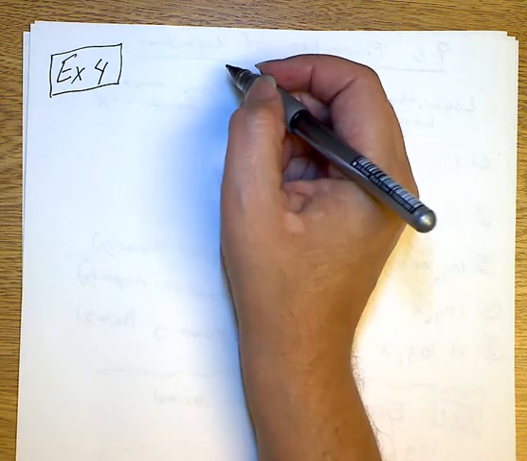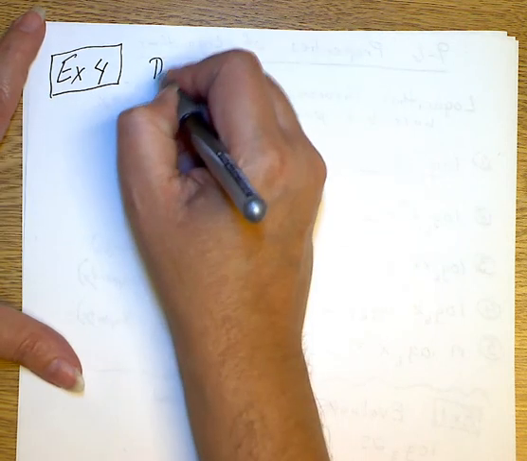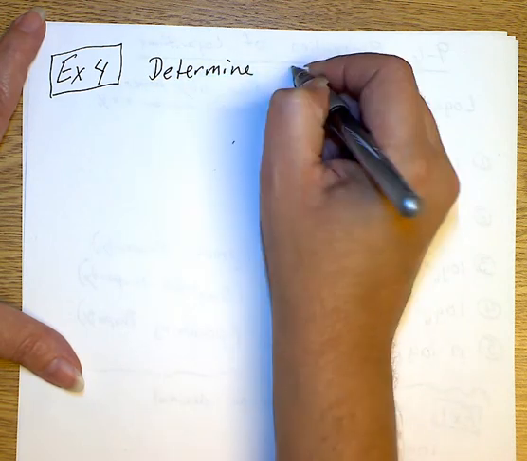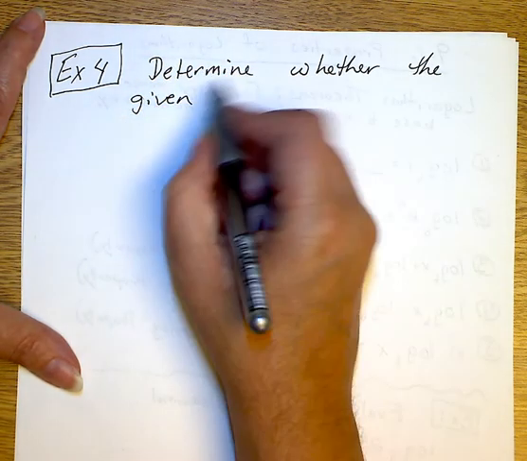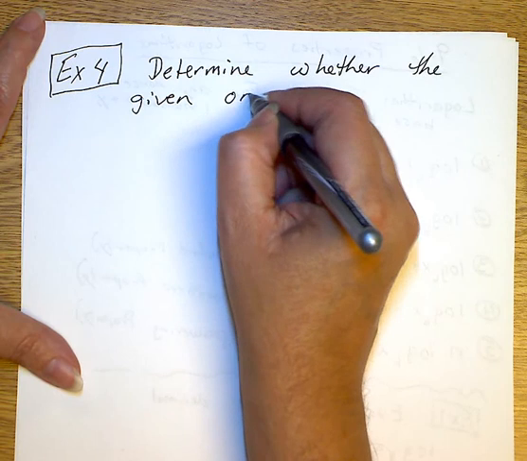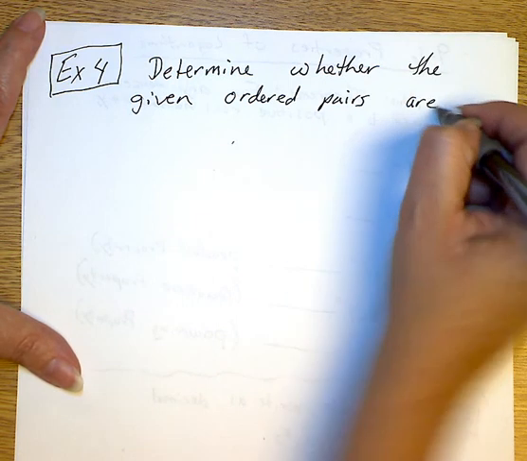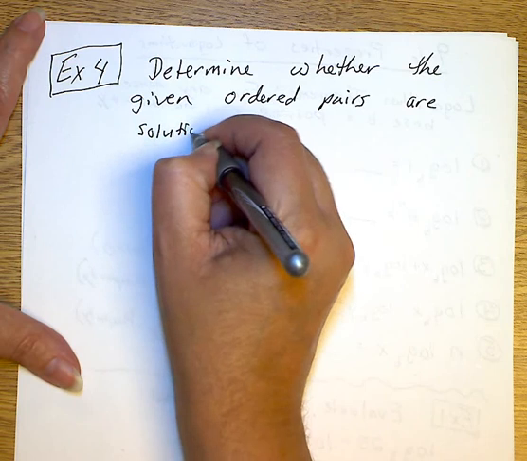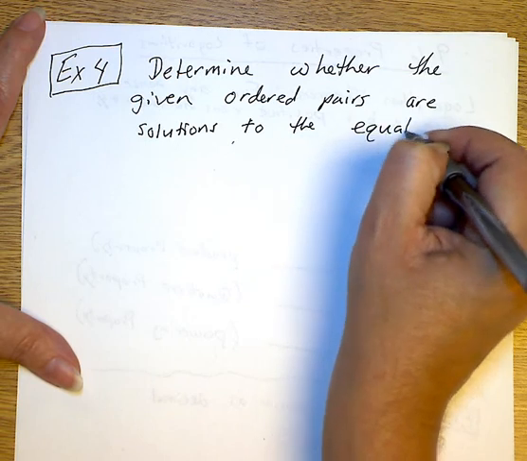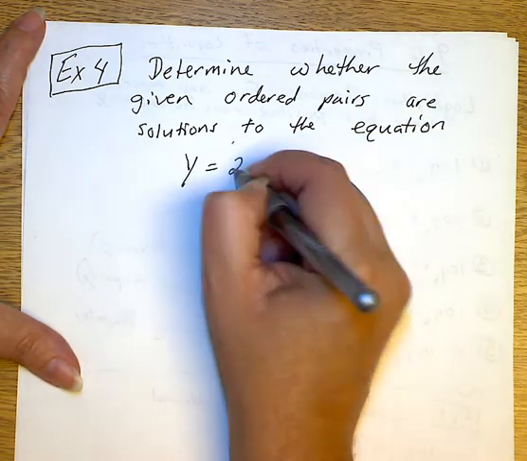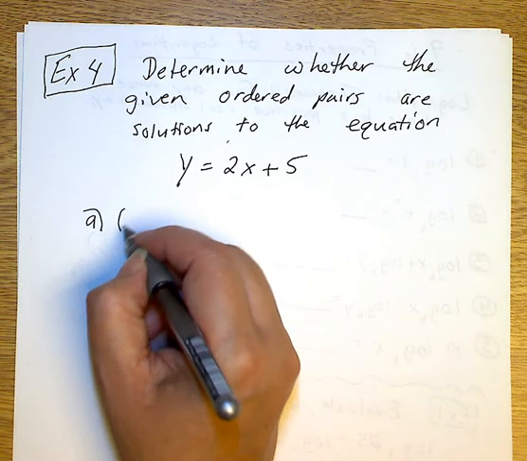Determine whether the given ordered pairs are solutions to the equation y equals 2x plus 5. The first point is 1, 7.